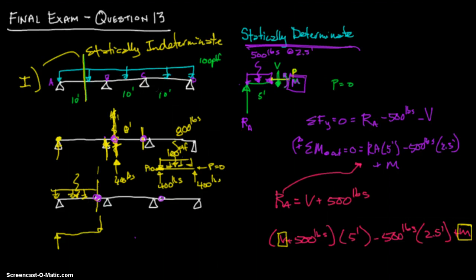But I said I'd try to explain a back way of getting about this. And the back way is saying, hey, since we have no horizontal loads, instead of having three possible equations of equilibrium, you have two possible equations of equilibrium.